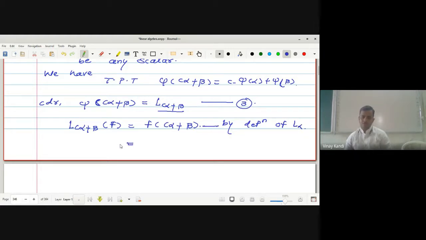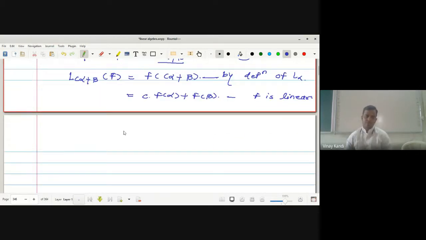But f is what? f belongs to V star. V star is vector space, okay, collection of all the linear functionals on V. So this is c into f of alpha plus f of beta. Why? Because f is linear. Okay. But what is f alpha? L alpha of f plus this is L beta of f.